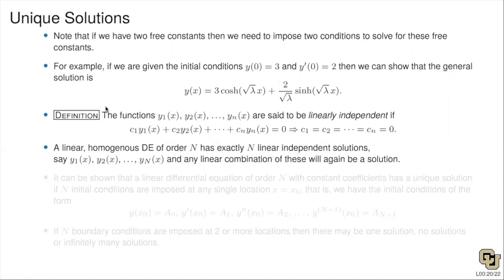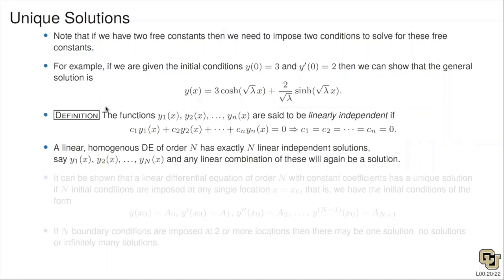So for a linear homogeneous differential equation of order n, the theory tells us it will have exactly n linearly independent solutions. We can prove that the dimension of the solution space is n, and because of that, we know it'll have n linearly independent solutions. These linearly independent solutions will form a basis.